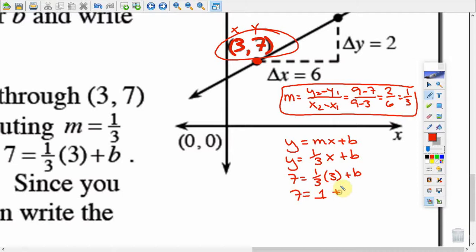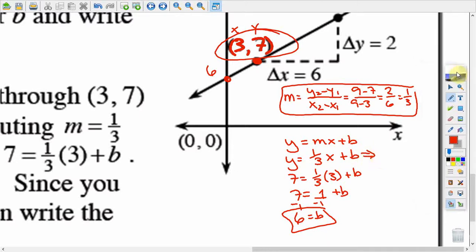So 7 equals 1 plus b. b equals 6. So our y-intercept here is 6. Here's our y-intercept, there's our slope. So our final equation would be y equals 1/3 x plus 6.